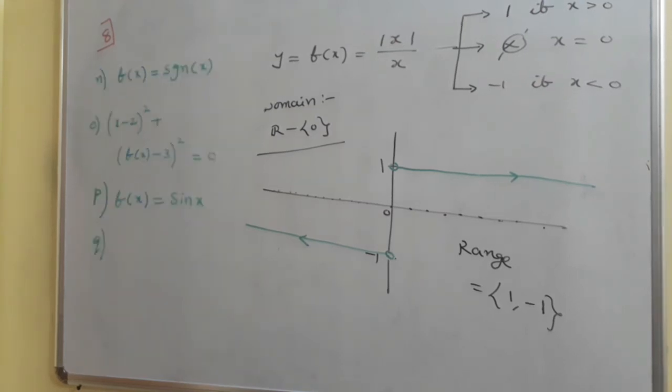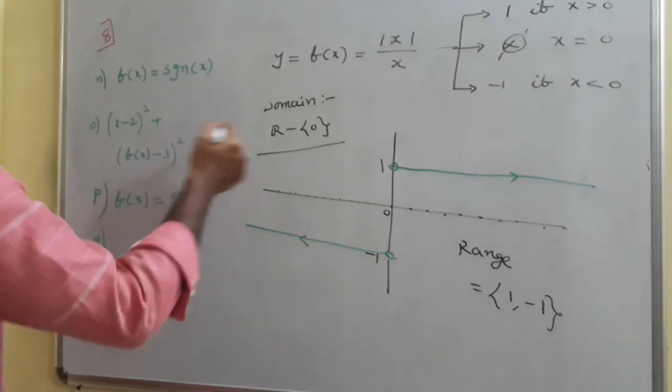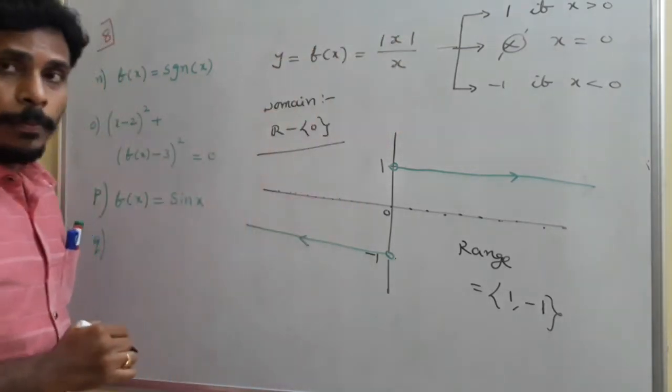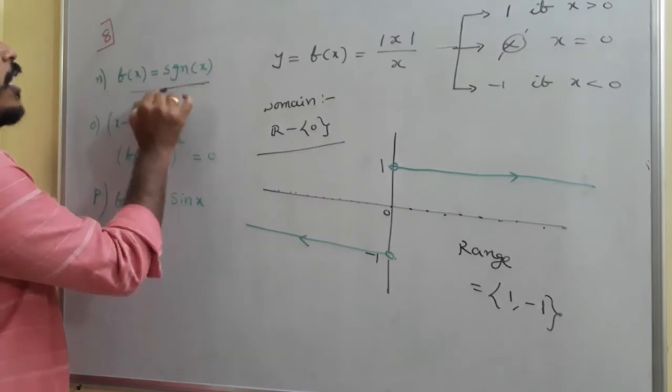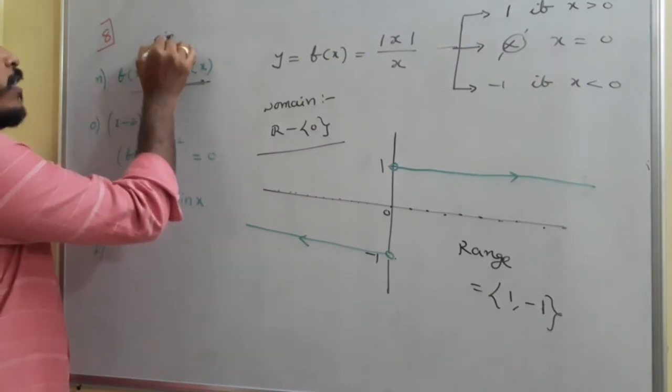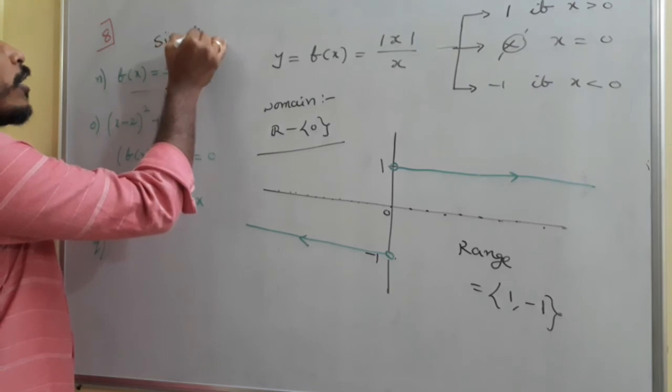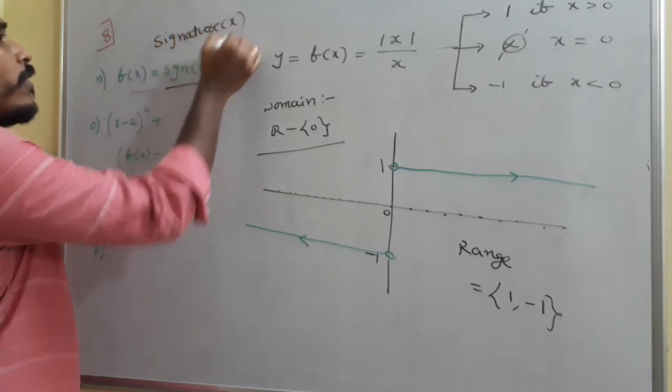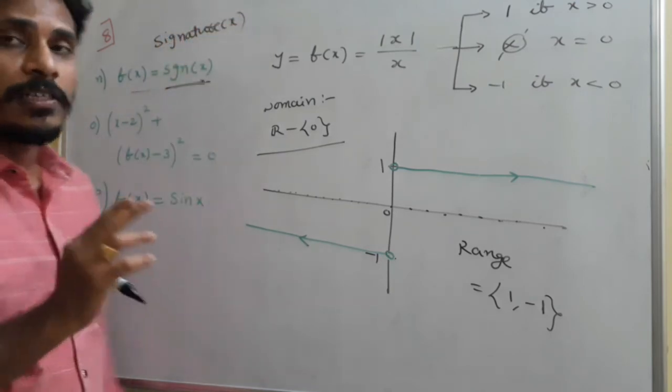Next one, n. In m we defined modulus of x by x, but in n I am giving sgn of x. Sgn of x is called the signature function of x. This signature function of x has a special definition.